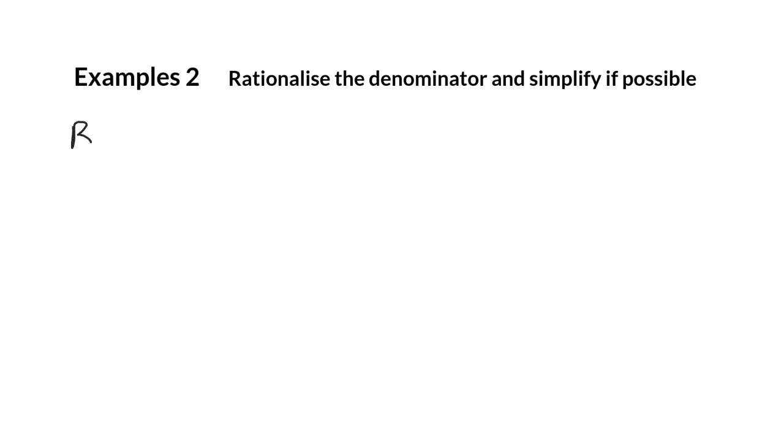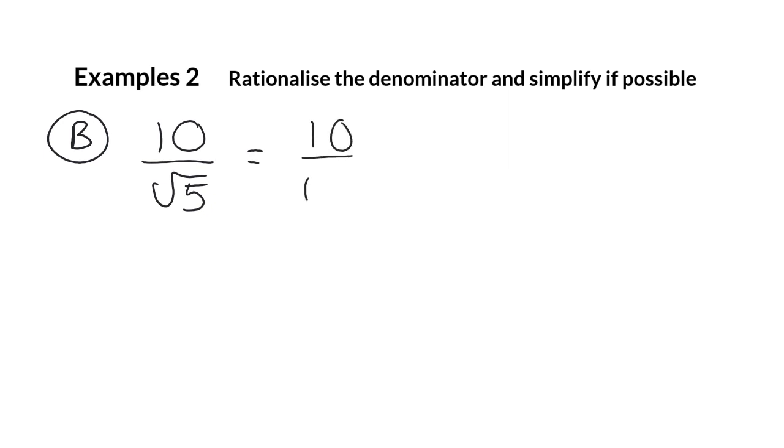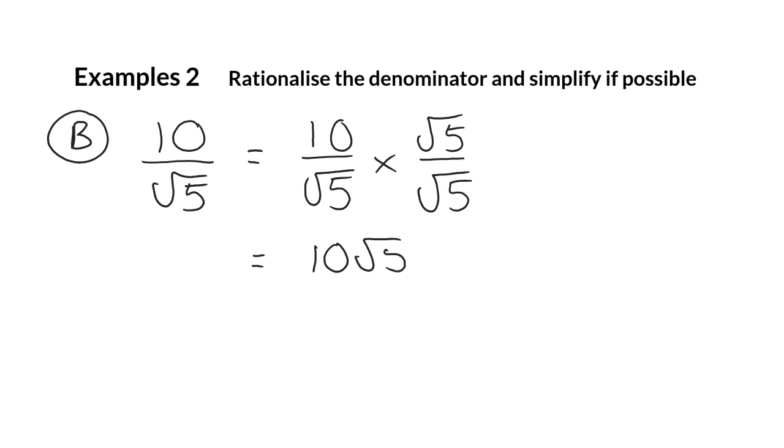Now look at example B, where we'll possibly be asked to simplify 10 over root 5. This tells us straight away that we need to multiply by root 5 over root 5. That gives us 10 root 5 on the top, and root 5 times root 5 would leave us as 5 on the bottom.